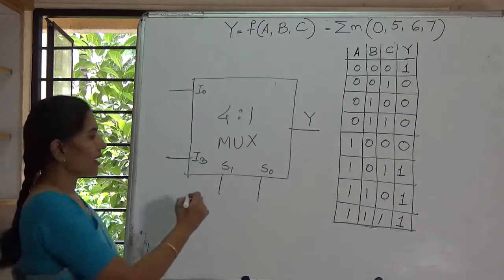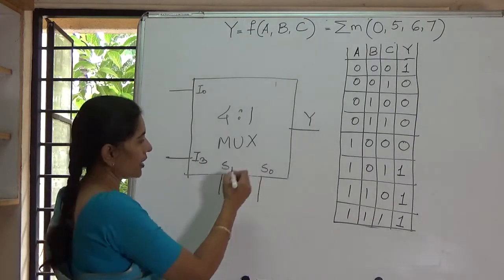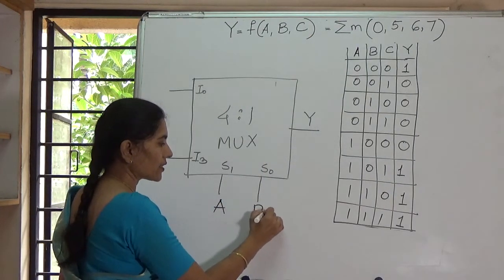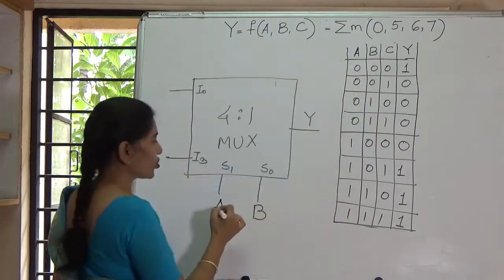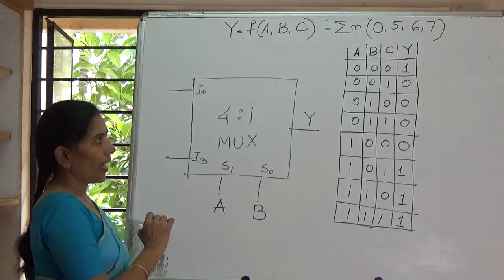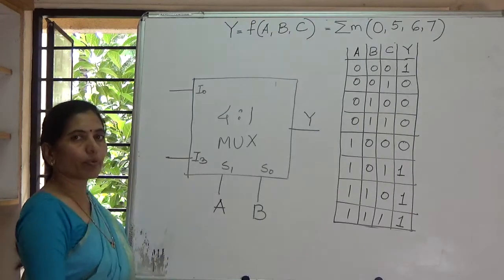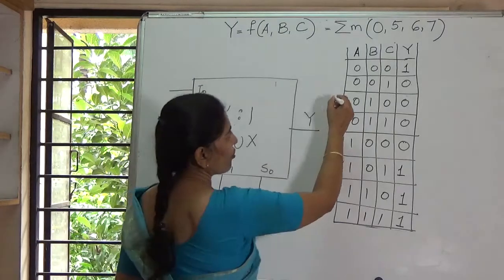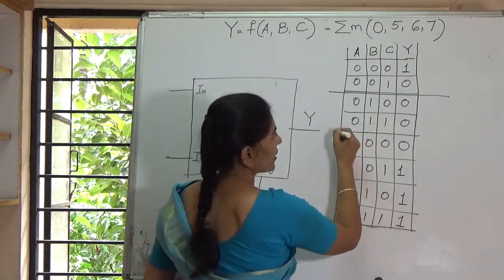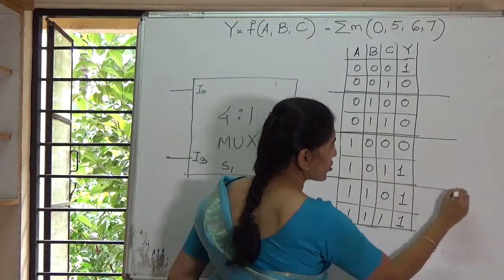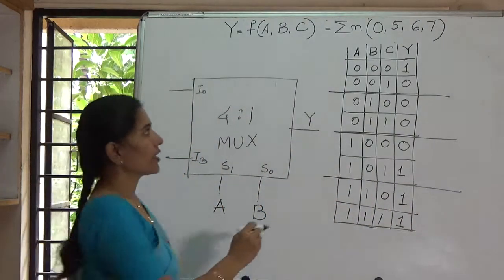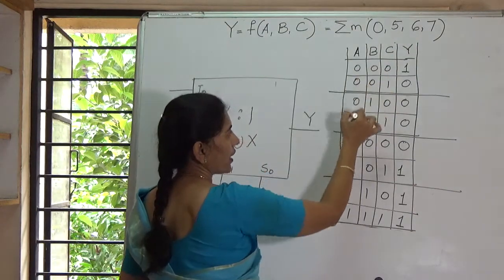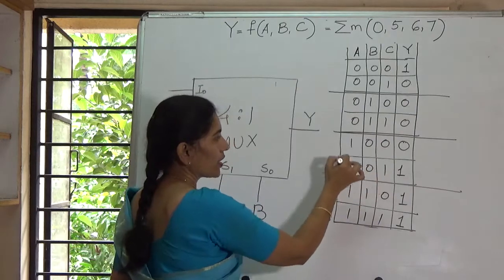So let us take that the 2 inputs connected to S0, S1 are A and B. So we connect the higher significant bits to S1 and S0 and we leave the third input, which is C. Now what we do is we make 4 groups of these input combinations such that A and B are constant in these 4 groups.